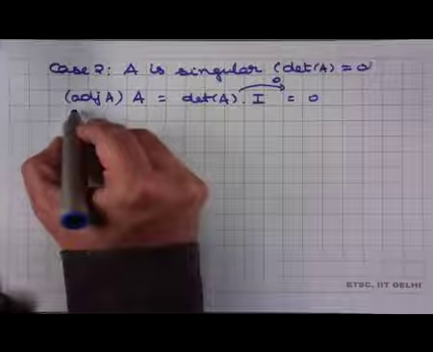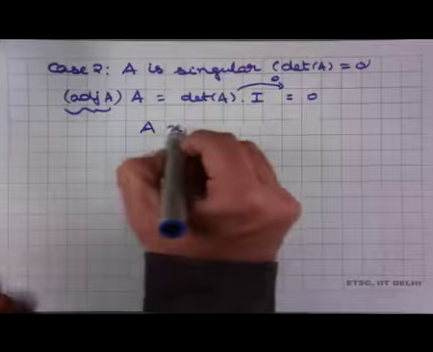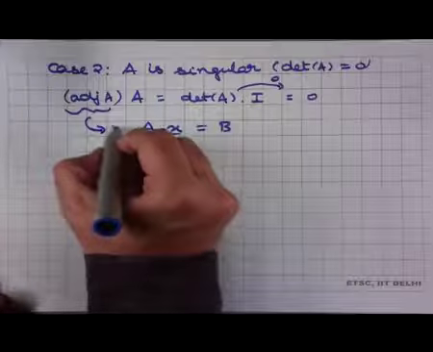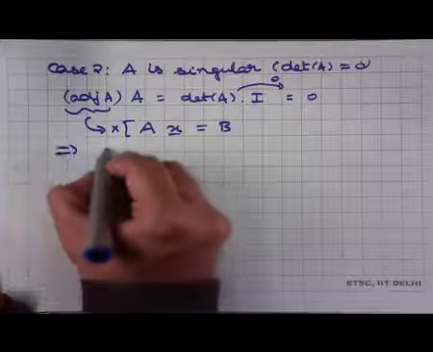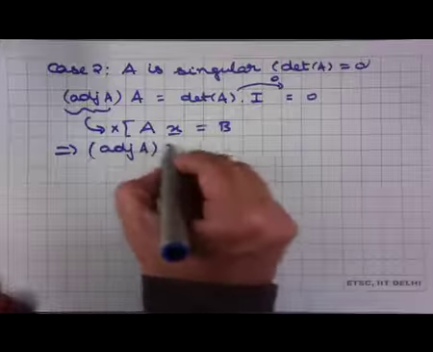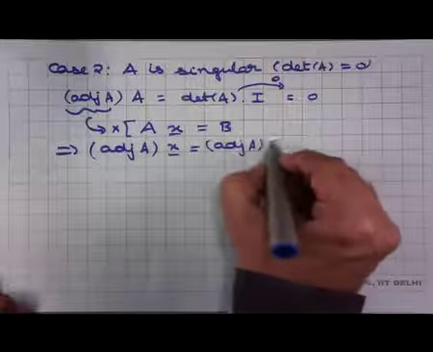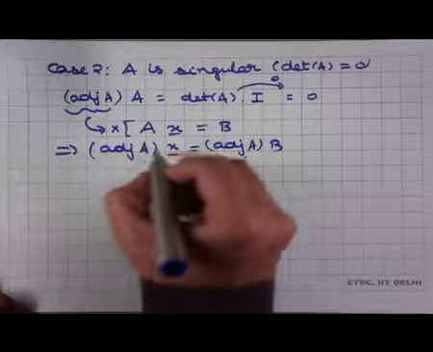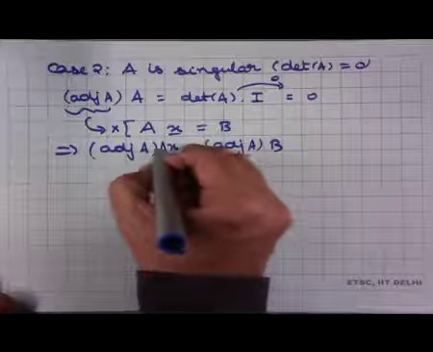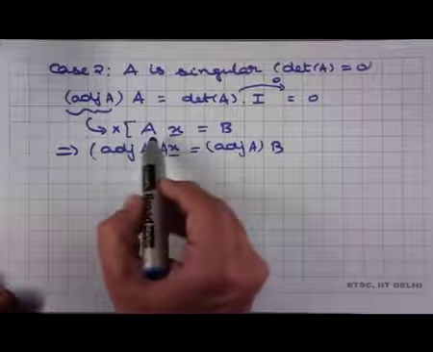We use this by multiplying the system of equations by the adjoint of A. If you multiply this, then we get that the adjoint of A times A x bar is equal to the adjoint of A times B. I am missing an A here, so this should be adjoint of A times A x bar, which makes sense because the left hand side has A x bar.